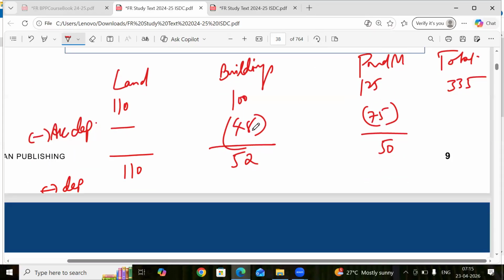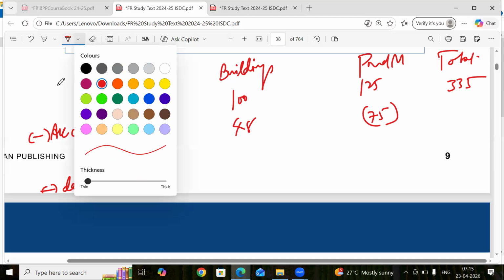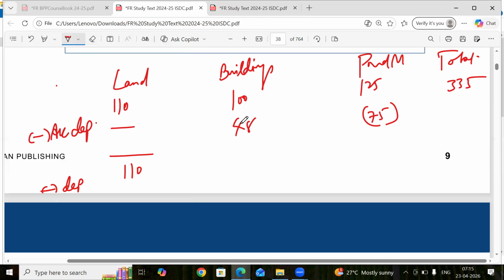So 5% on buildings. Okay, I will just remove this because it will be confusing for you. We are supposed to calculate the current year depreciation.